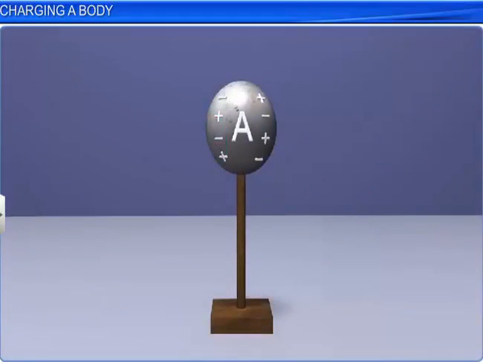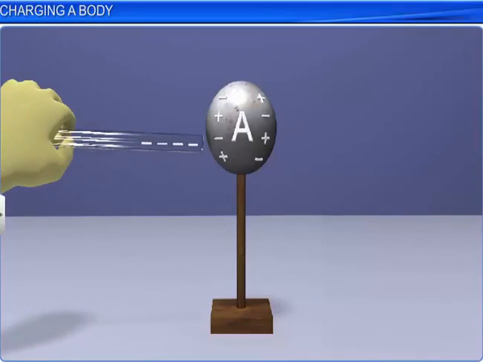For example, bringing a negatively charged rod near a neutral metal sphere will induce a positive charge on the near surface of the metal sphere and a negative charge on the far side. When the negatively charged rod is brought near the metal sphere, a few free electrons in the metal sphere move away to the far side of the metal sphere due to repulsion, leaving a positive charge on the near side.